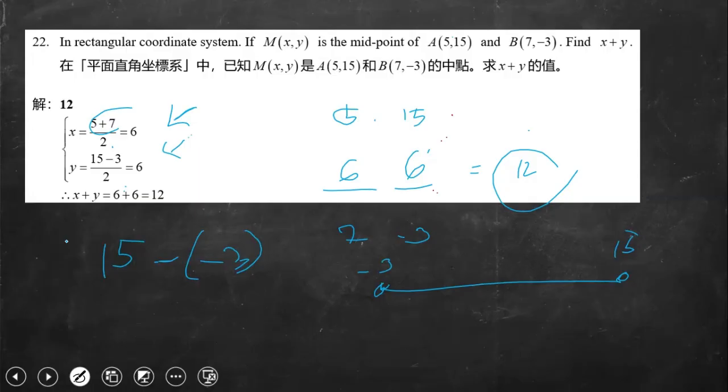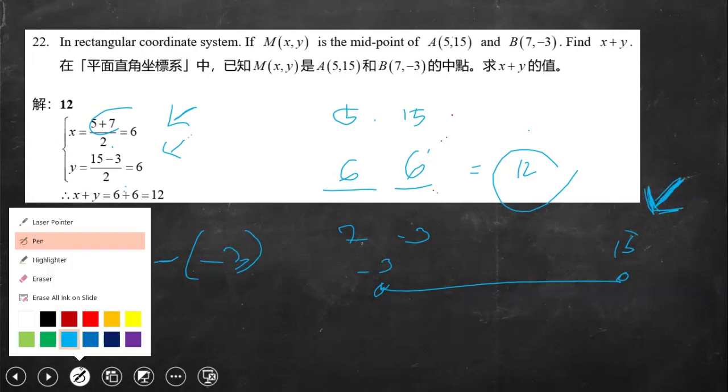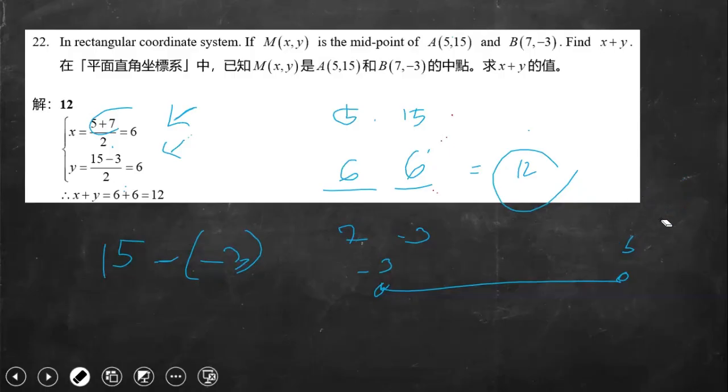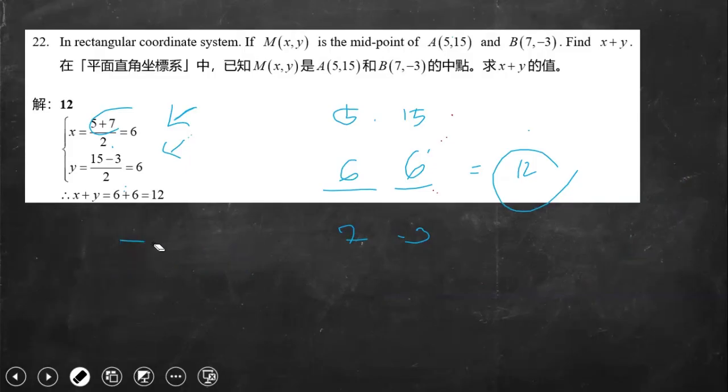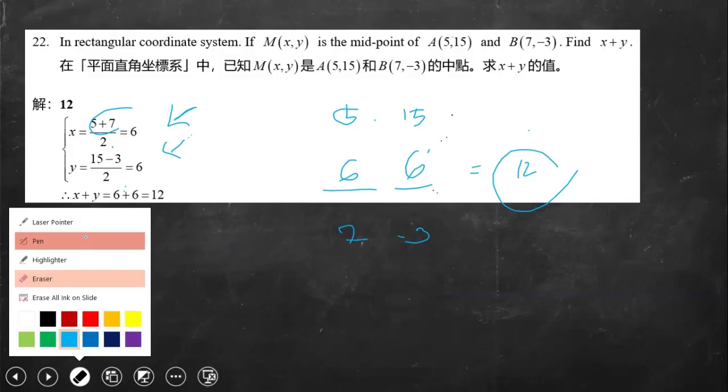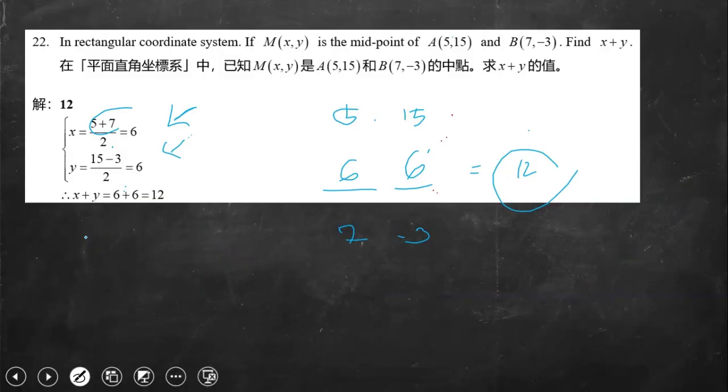But using this is a longer method. So just use the average. It's a better way, a faster way actually. Get the average. I forgot the word though. So average. That's true. Thank you for that.